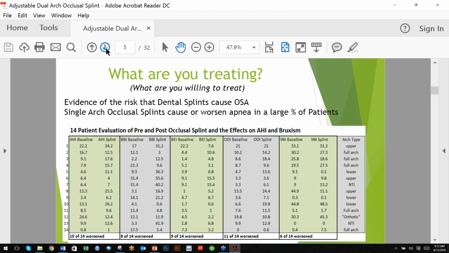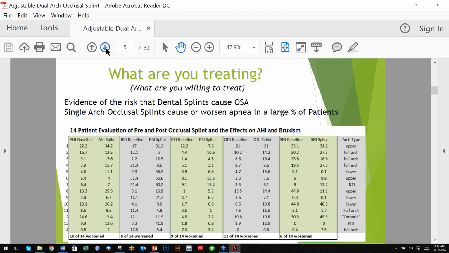I don't want to beat a dead horse, but just to emphasize the importance in appliance selection for those dentists that opt to not tackle the airway but want to stay firmly in dentistry, in the sense that I'm going to just manage bruxism and whatever your strategy for bruxism is.